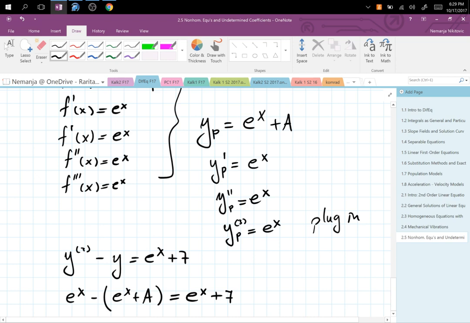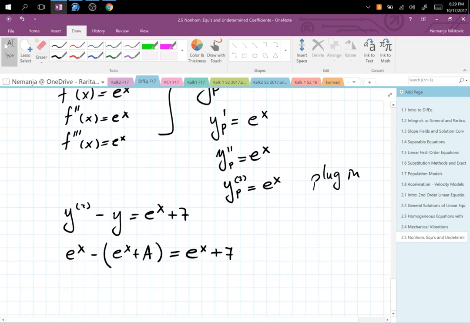Plus a, yes. So now these guys cancel. We have negative a equals e to the x plus 7. A equals negative e to the x minus 7.